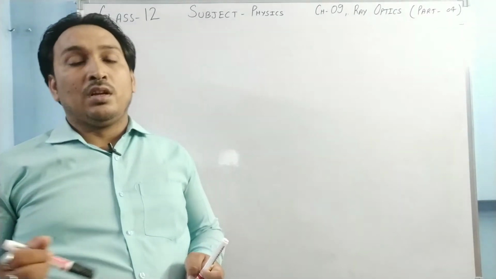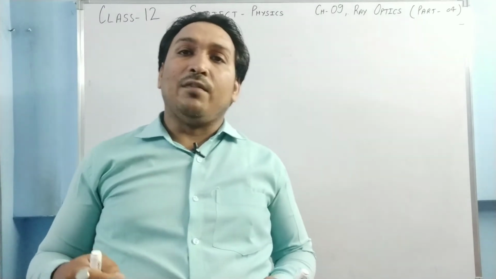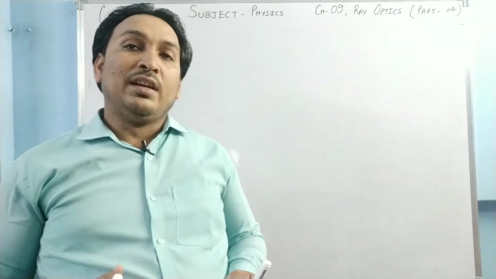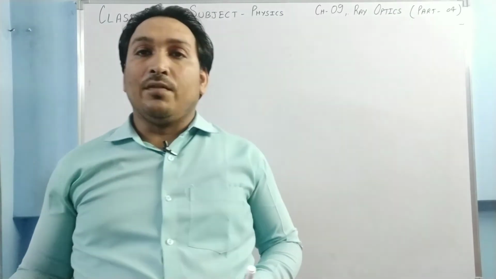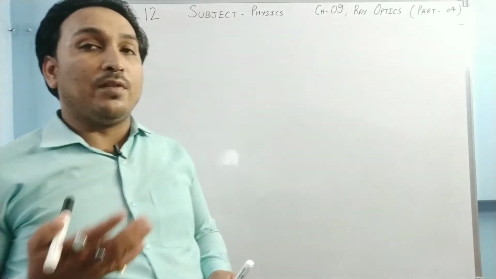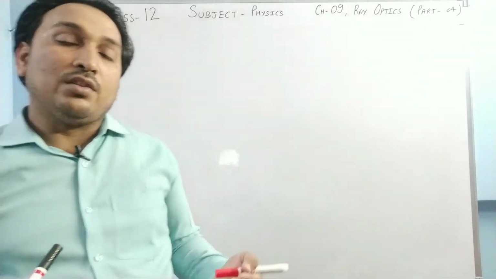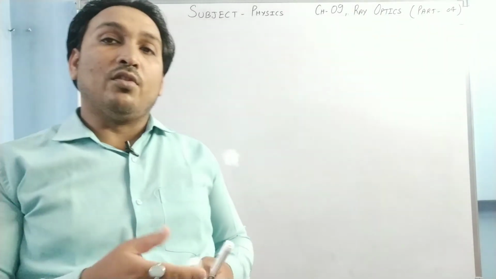Dentists use concave mirror to see the magnified view of the cavity. Makeup mirror, shaving kit mirror, they are slightly concave because when they are put close to the face, we can see the magnified image of the face, so that we can work on it.